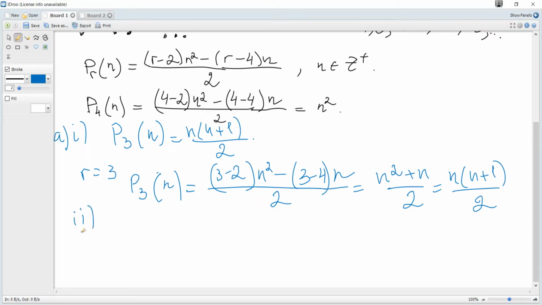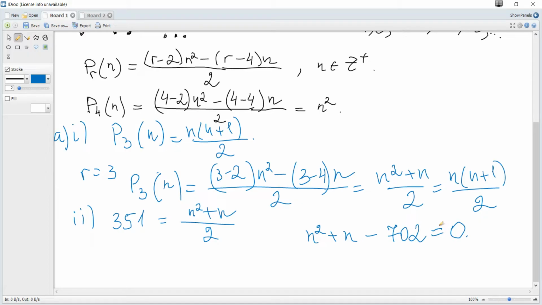The next, 2 marks. The number 351 is a triangular number. Determine which one it is. So it is given that the value is 351 and we need n. We can just equate it using this: n squared plus n over 2, and we can see that we get a quadratic equation with respect to n, which can be easily solved.